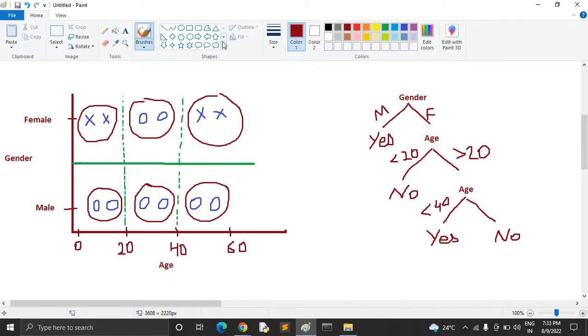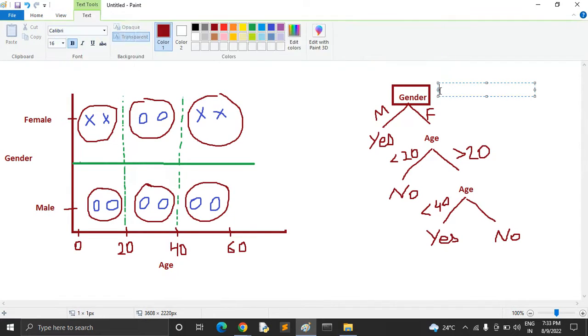Now, if you understand this terminology, the very first node here is called either the root node or the parent node.